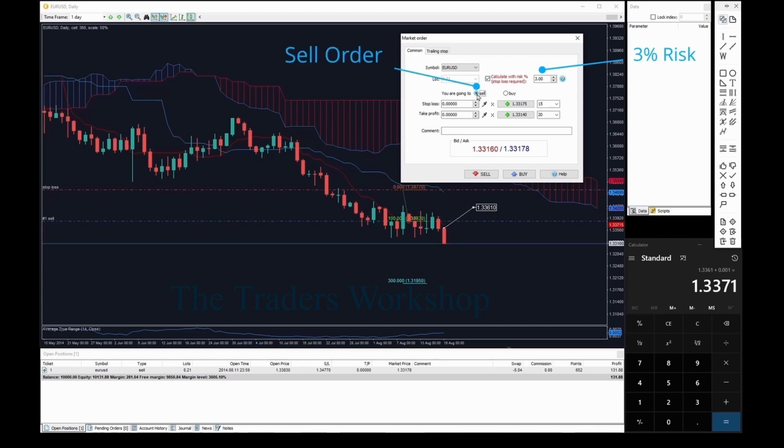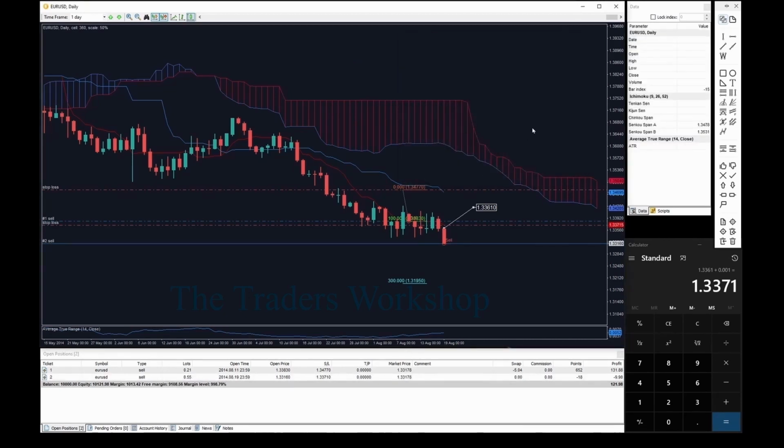This will be a sell order. And this will be the stop loss price for this trade at 1.3371. Let's review our order. Then click Sell. Part of our capital is now exposed on the market.